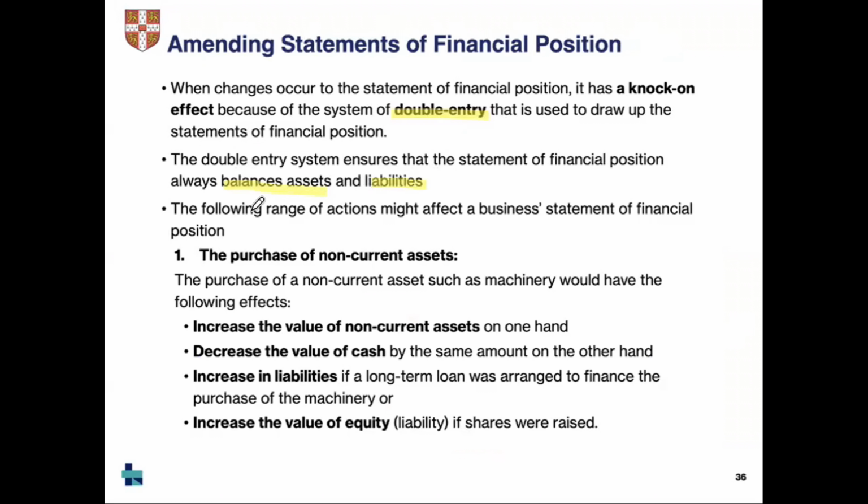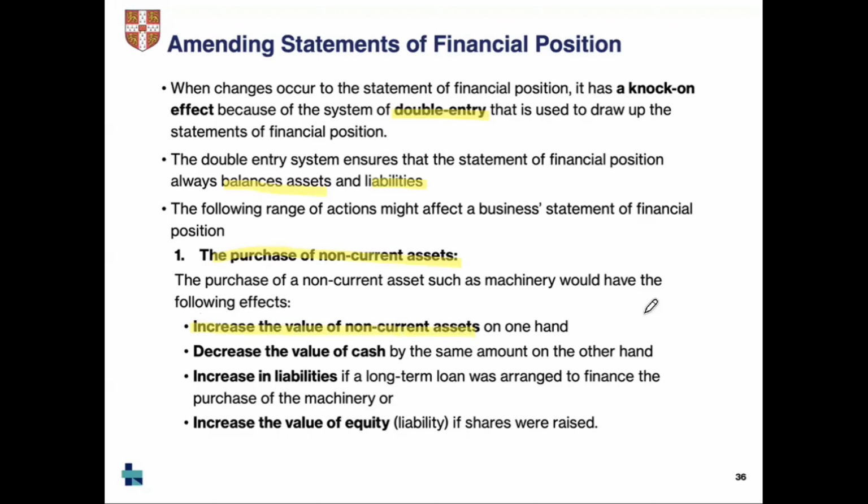So the following range of actions might affect a business's statement of financial position. Let's look at the first one: the purchase of a non-current asset. Let's say we buy a car. The purchase of a non-current asset, such as a machine or a car, would have the following effects. Number one, it will increase the value of our non-current assets.